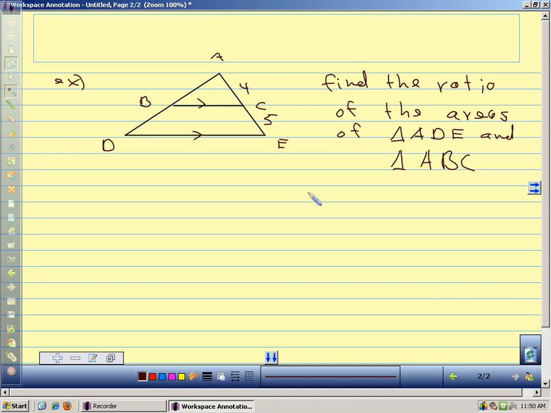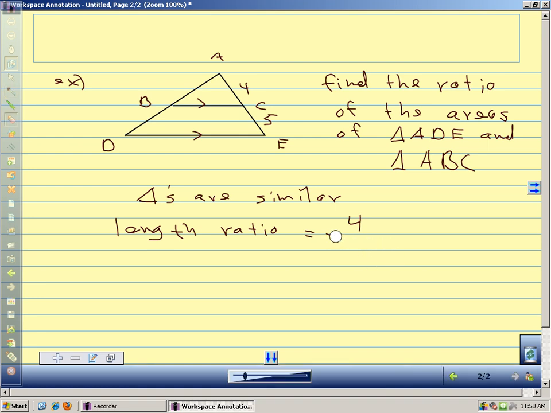Now we know that the triangles are similar. These parallel lines tell us that the sides are divided proportionally, so our triangles are similar. We want the area ratio. What is our length ratio? What's a length that we can use from the small triangle? 4.